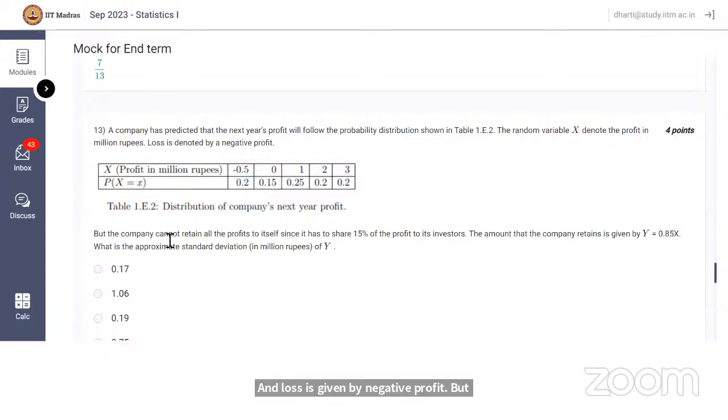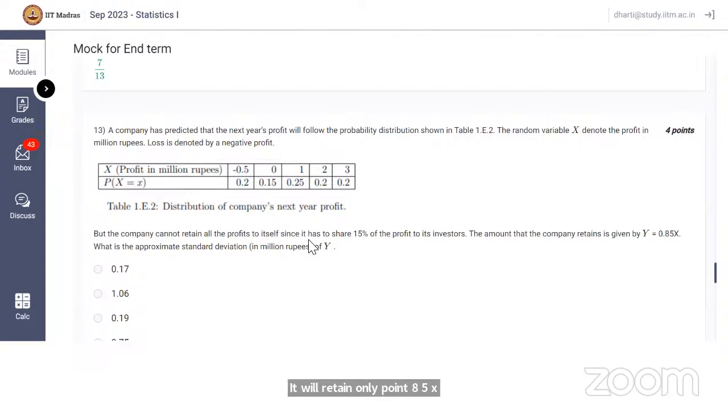But the company cannot retain all the profits. This profit part is given here, but the whole profit company X will not take. It will retain only 0.85x, like 85% of the profit.